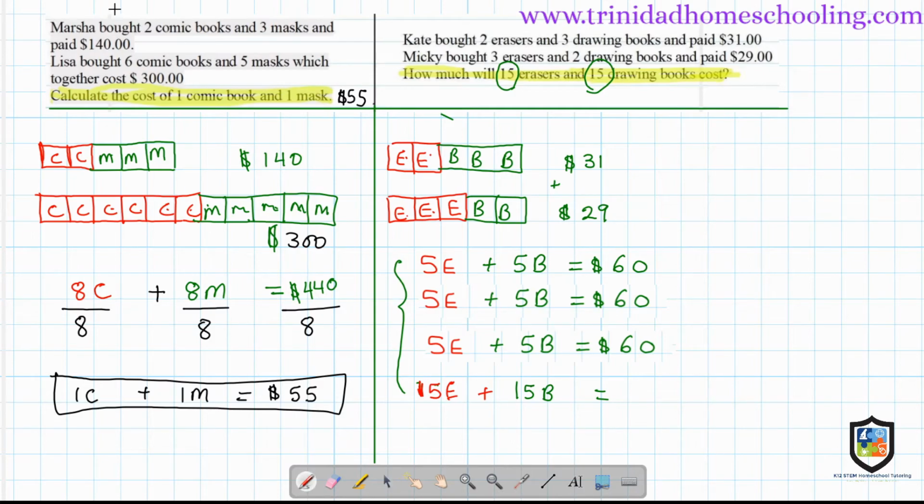Alright, and this will give me 6 threes are 18, $180. Alright, so the bar modeling itself is not a solution.